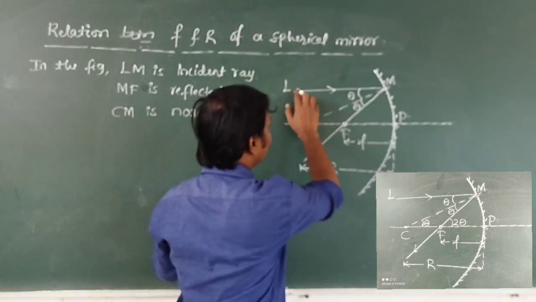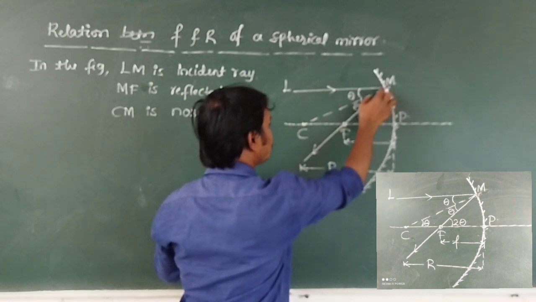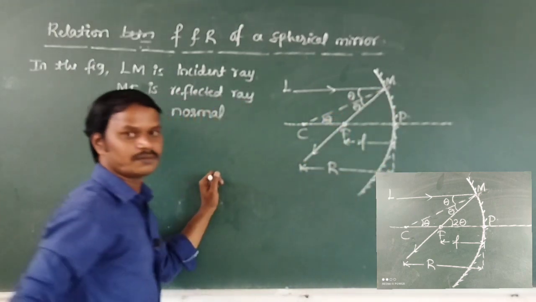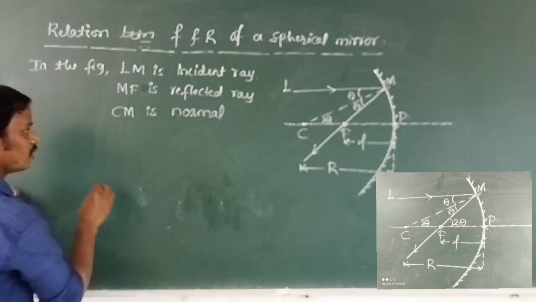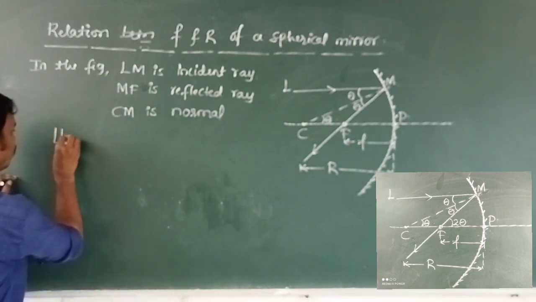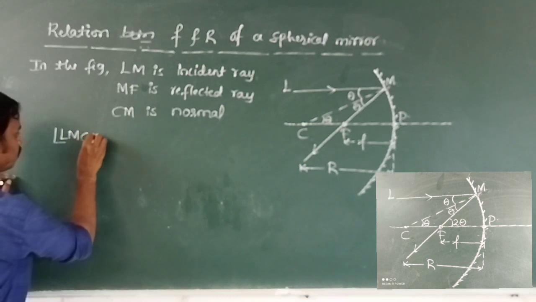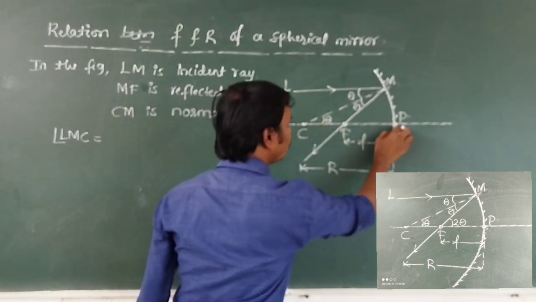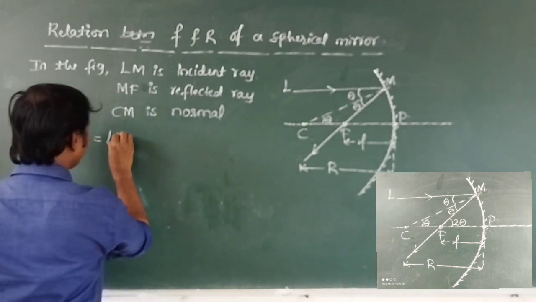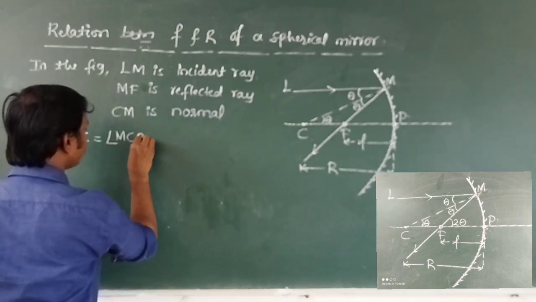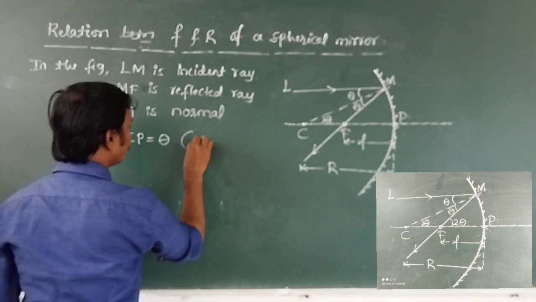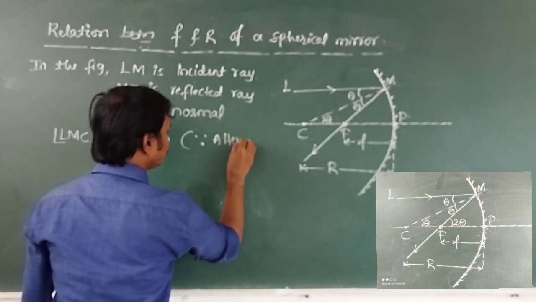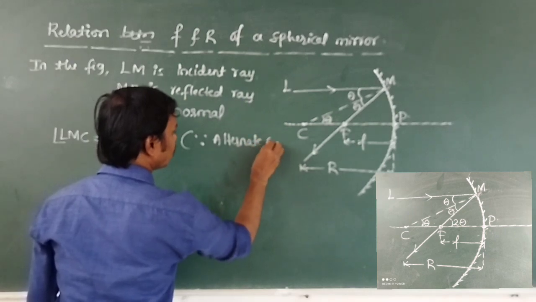If angle LMC is theta, then angle MCP is also theta by the concept of alternate angles, because those are alternate angles.